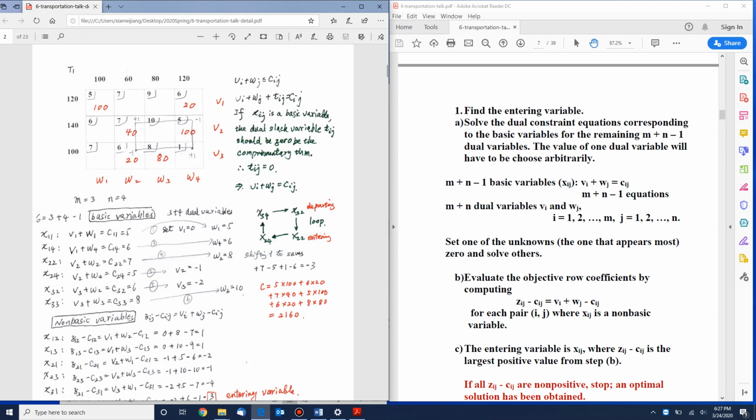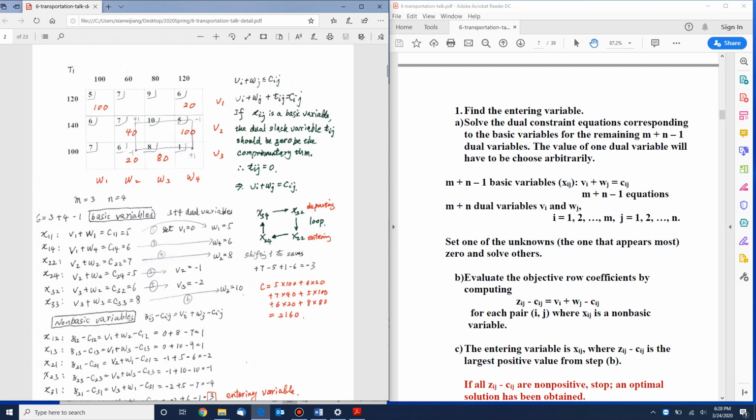If you look at the tableau T1, you could see we have 6 basic variables, x11, x14, and the rest, right? 6 of them. And how many dual variables do we have? We have V1, V2, V3, W1, W2, W3, W4, right? So we have 7 dual variables.